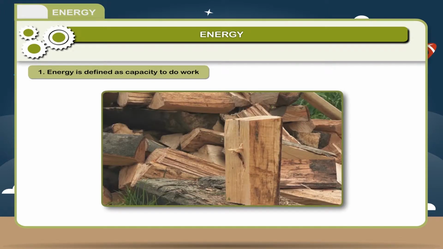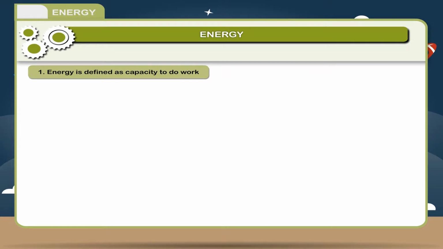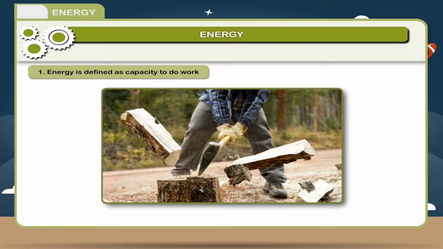Let us take one example to understand it more clearly. To cut a log of wood, we have to raise the axe vertically upward, and some work has to be done in raising the axe. If the axe is now allowed to fall on wood, it can do work in cutting the wood.